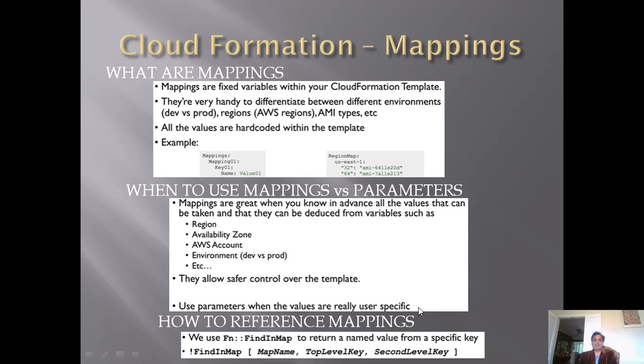Use parameters when the values are really user specific. For example, if there are a set of VPCs, and you want to create an EC2 in a specific VPC ID, we don't want to put it in the mapping, because I want to give that control to the user. Then it belongs to the parameter. How to reference it? Here you use Fn::FindInMap. Using this, you return the named value from a specific key.